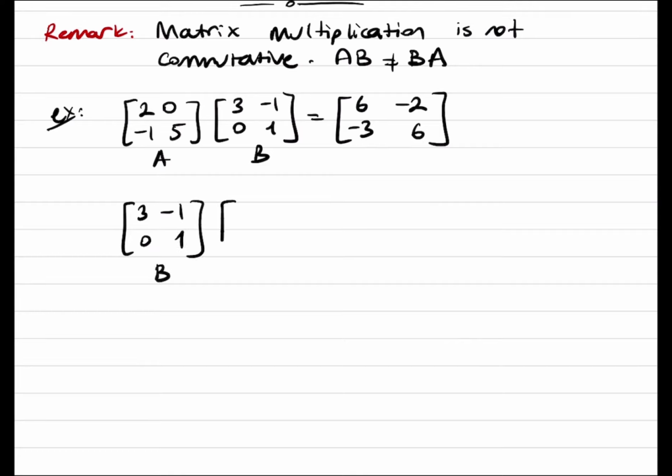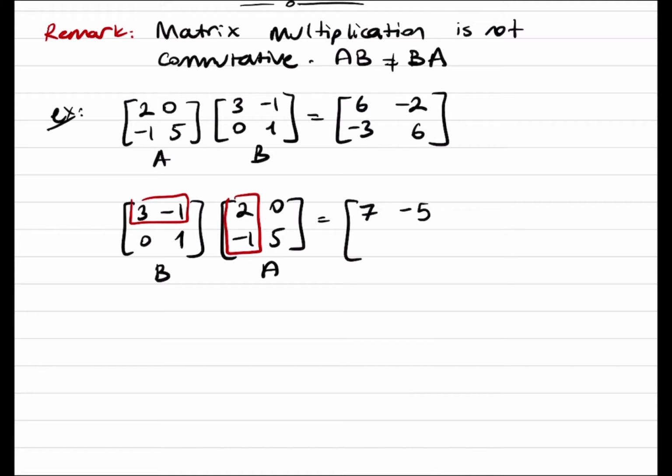So we have B times A, 2, 0, minus 1, 5. Sometimes I also confuse the order, so I do it like this. 6 plus 1, 7. 0 minus 5. 0 minus 1. 0 times 6. As you can see, AB is not equal to B times A.